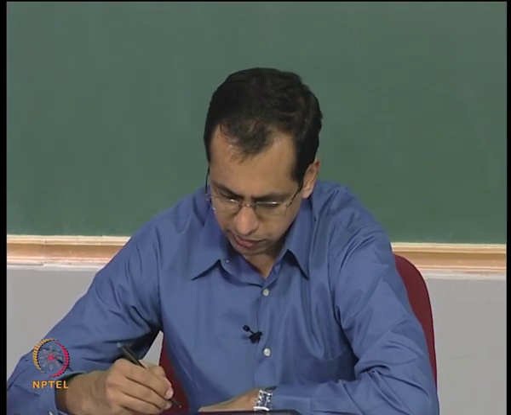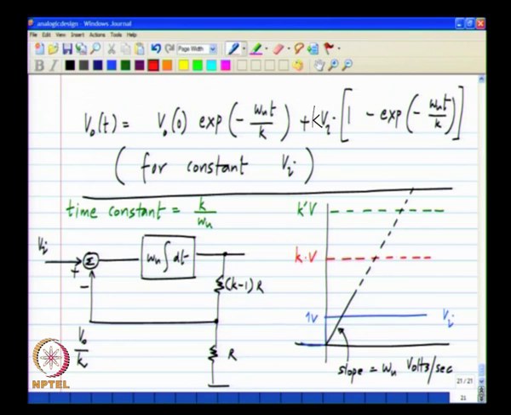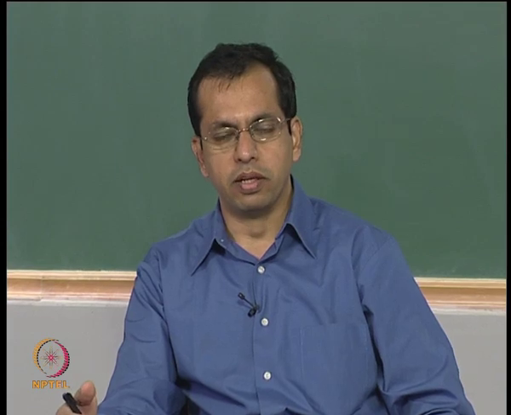For the case shown in red, that is for a gain of k, it starts with this slope and then gradually reaches steady state, and for the case shown in green, it again starts with the same slope and it has to reach a higher steady state. So, it has to increase to a larger value of the output, that is why it takes a longer time.